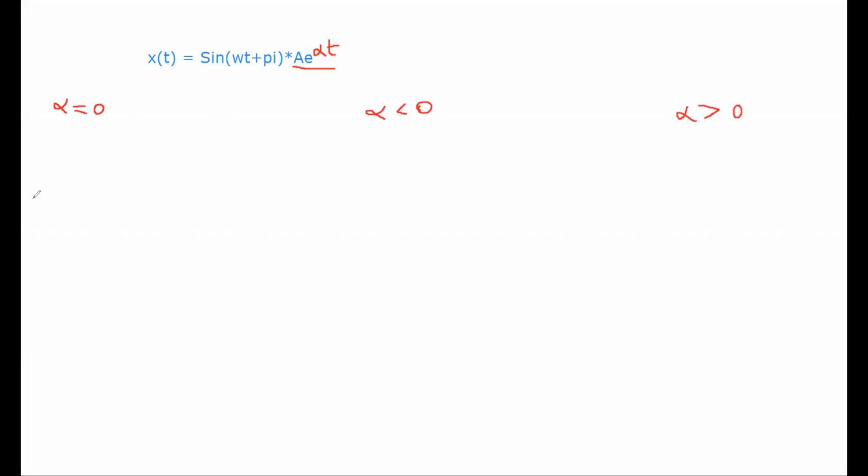So when alpha is equal to 0, the signal looks like this.